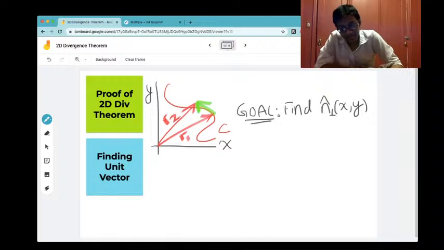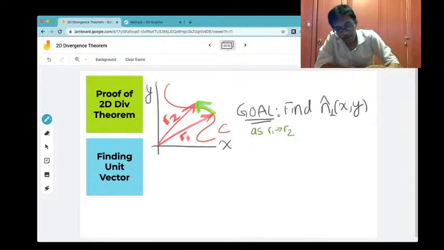This curve. So as r1 approaches r2, so let's write that down. As r1 approaches r2, what's going to happen? Well, what's going to happen is that r2 minus r1 is going to approach what? It's going to approach this differential.